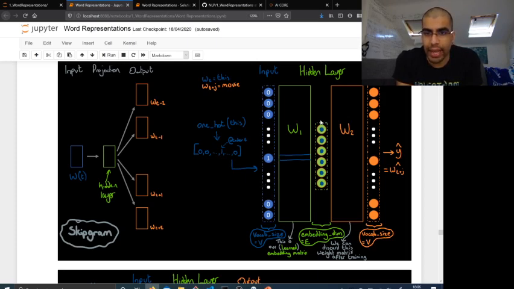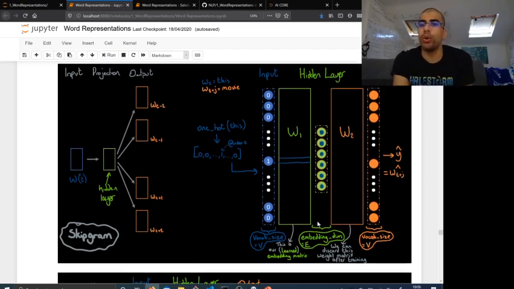Now we have a hidden layer and an output layer, and between them there are weight matrices. Our input size is going to be the vocab size, which is V. Then we have our hidden layer, which is of size E, the embedding dim size, which is simply the number of features we want to use to represent the word.